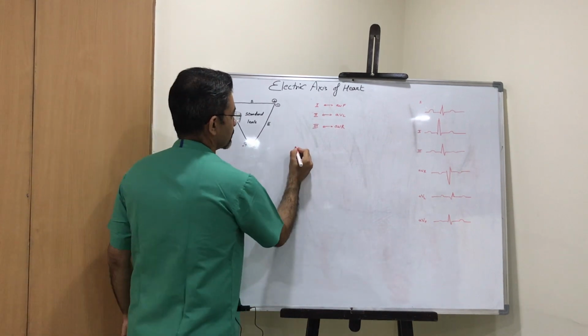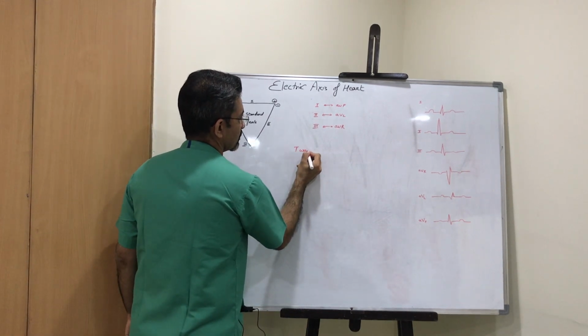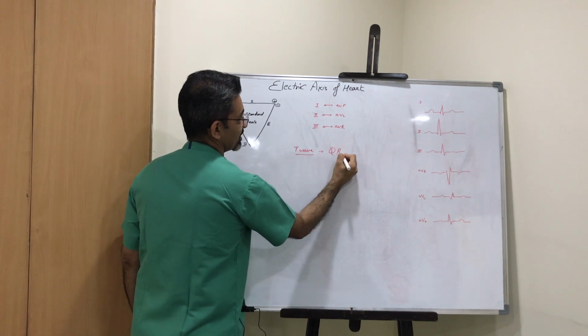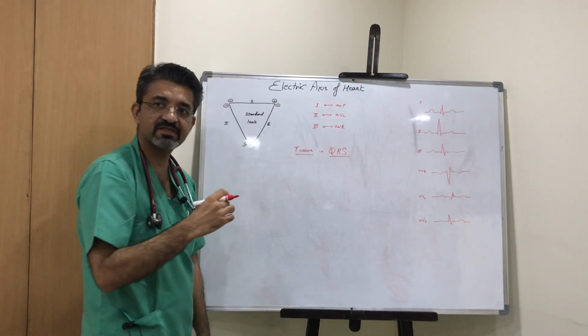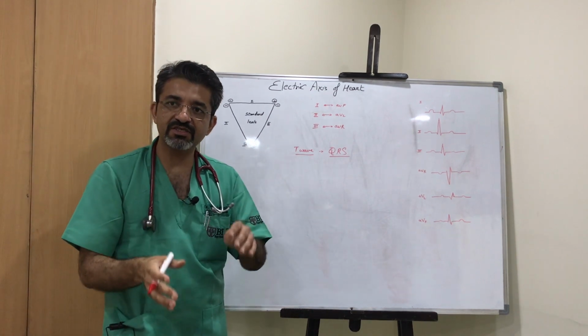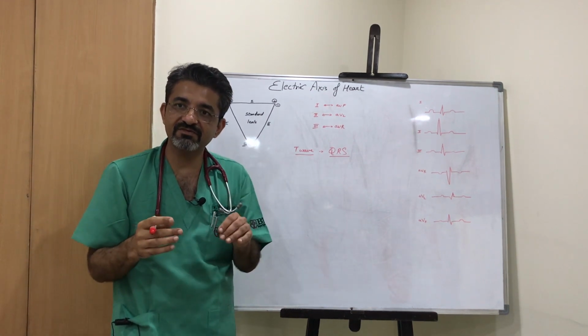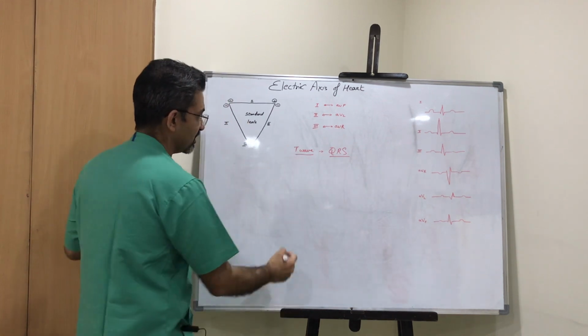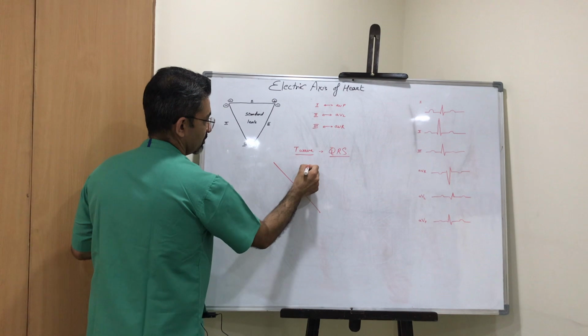The T wave follows the same principle as QRS, which we discussed. The moment you have a site of injury or ischemia, the T wave deflection will be opposite from the site of injury. Again, we take the example of inferior wall MI.